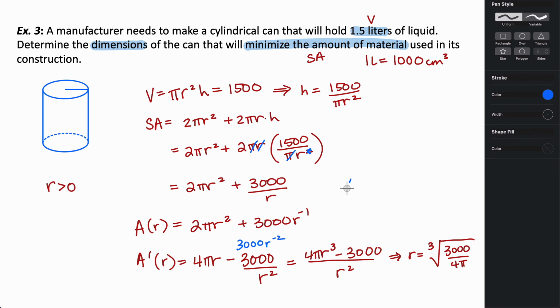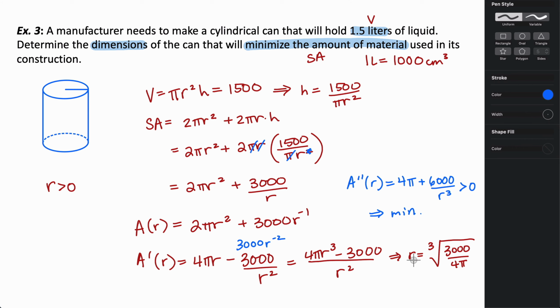So the second derivative is going to be 4 pi plus 6,000 times r to the negative 3, so it's going to be divided by r cubed. If I plug in a positive number here, this whole thing is going to be positive, right? So this is going to be greater than 0 for r equaling this, which tells me that this value is a minimum by the second derivative test.